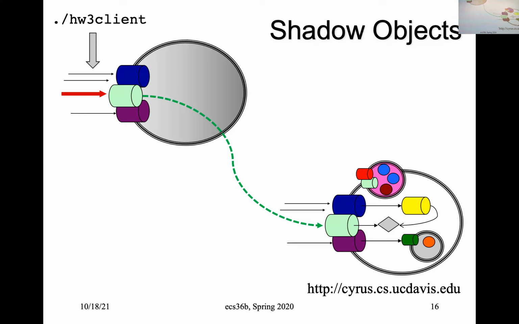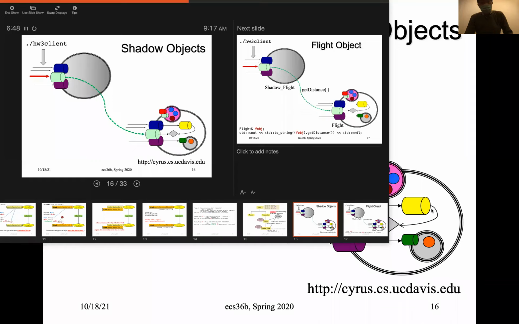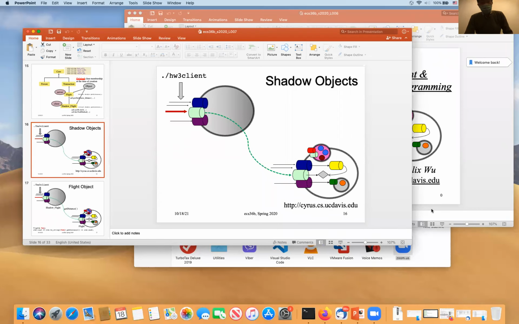But all my requests, such as member function calls, will be redirected to the real one. And that's the basic concept of a shadow object. You have a question? Okay. All right. By the way, if you can do this, you start to be able to see distributed programming.